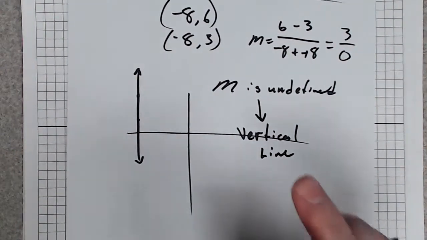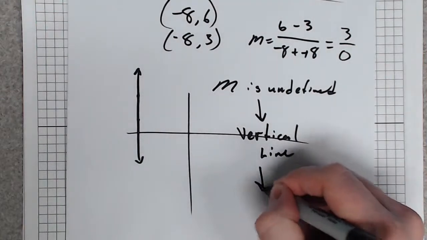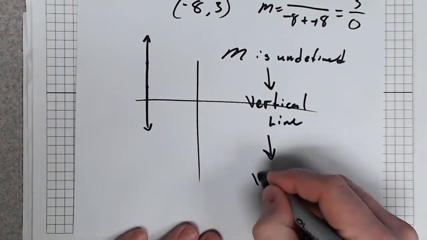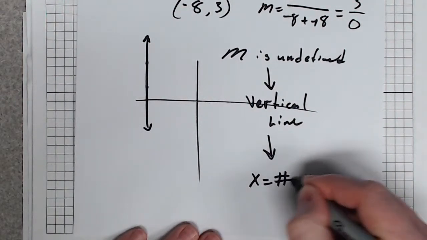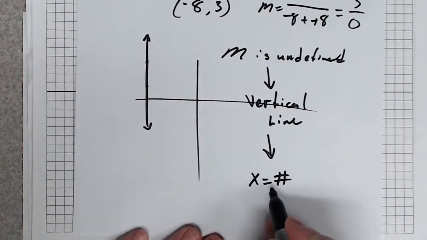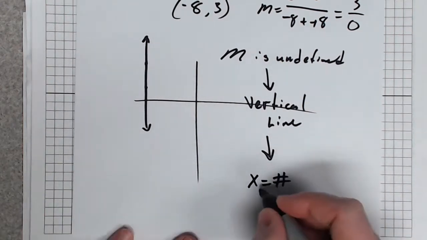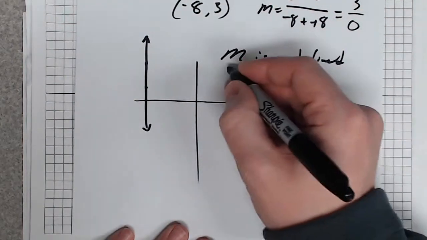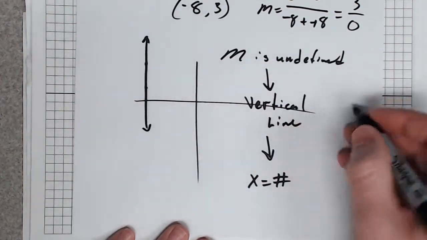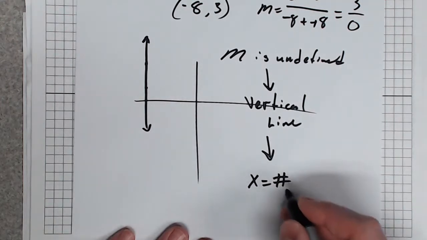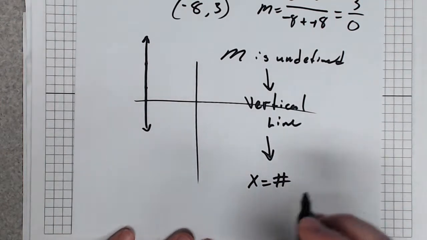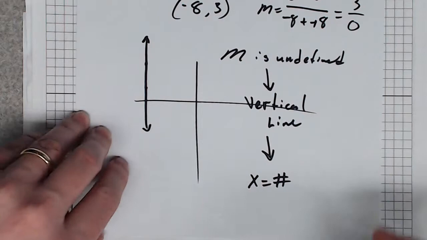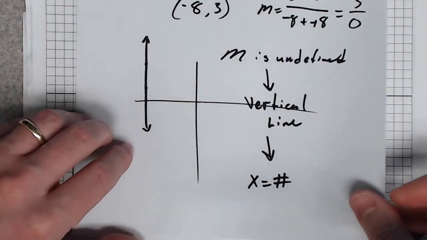If you see a vertical line, you can automatically assume that it's going to say x equals whatever the x value is. That's the equation of that line. So if you ever see x equals, it's automatically vertical, it's undefined slope. If it's undefined slope, it's automatically vertical, it's automatically x equals a number. That's how you describe those equations. Good thing to know that. You need to know that through the whole course.